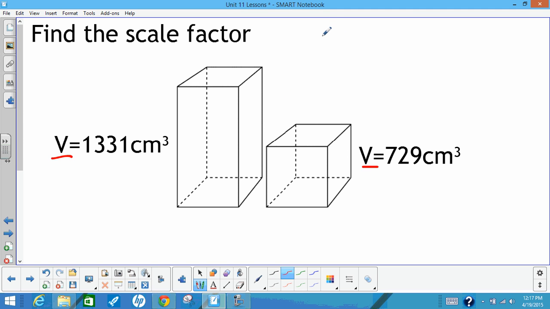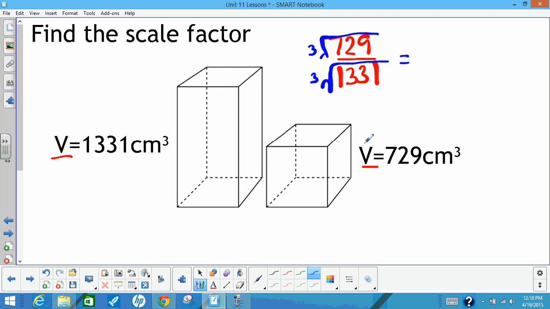So my scale factor is going to be my volume of the small over the volume of the big. Now this is my scale factor cubed. So in order to get the scale factor, I need to take the cube root of the top and the cube root of the bottom.